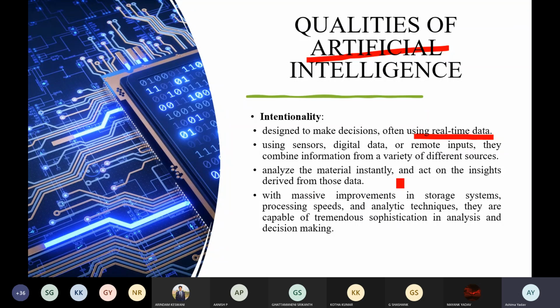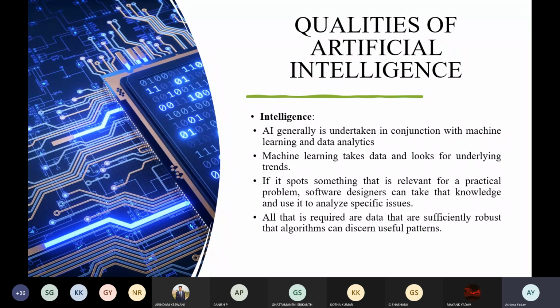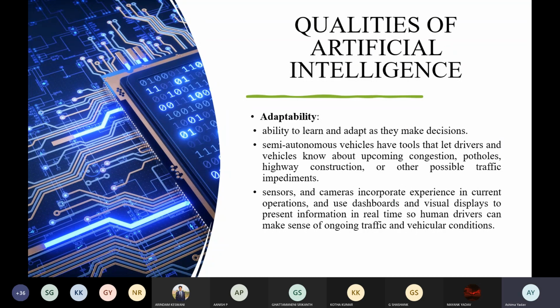And obviously we know they have the massive amount of storage with them, the processing speed, all those things are very quick. So this is one of the qualities of AI. So these are some theoretical concepts, that it is intentionality, then intelligence. This we already know that how intelligent these AI systems are, and what kind of intelligence they possess.